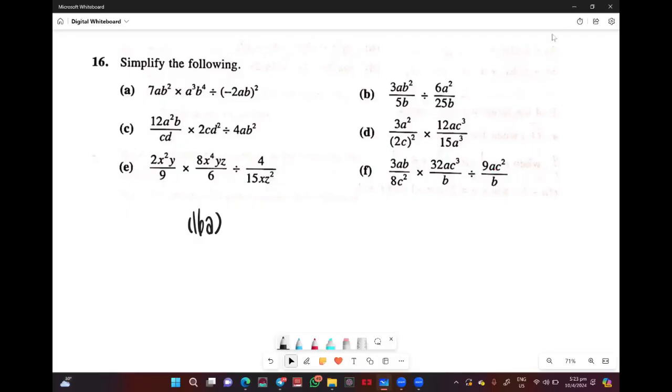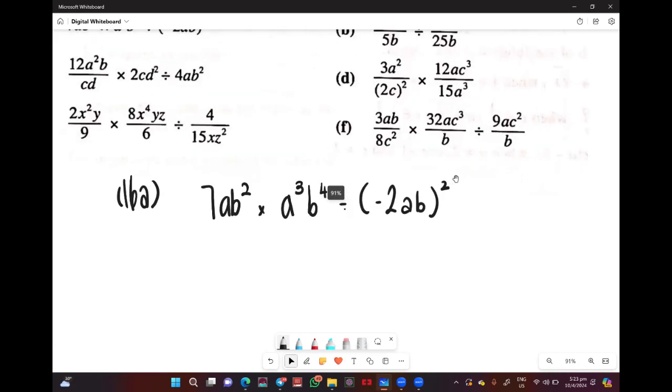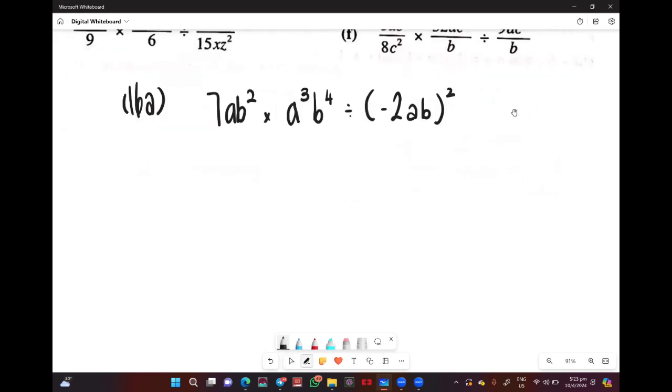Now for 16a, we have 7ab squared times a cubed b to the 4, divided by negative 2ab to the power of 2. Okay, so this is the question that I have. What we are going to focus on is really just this part first. All right, what happens when I multiply?